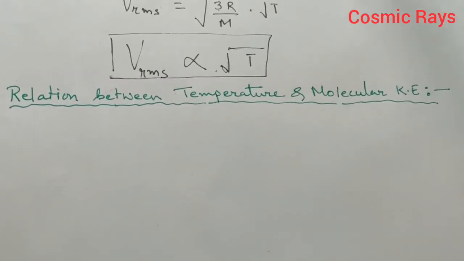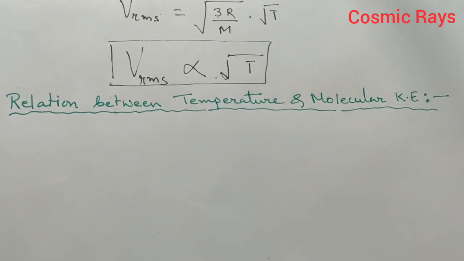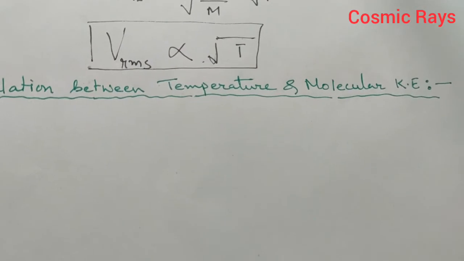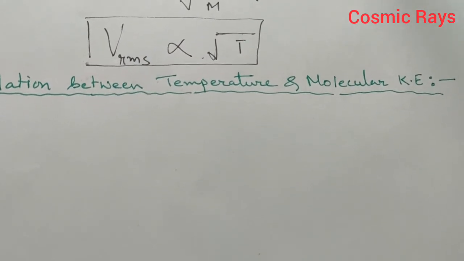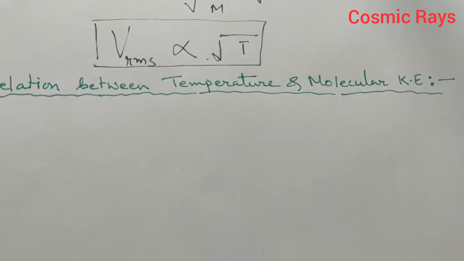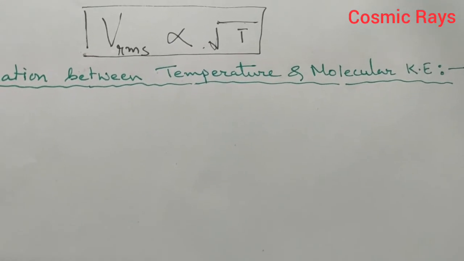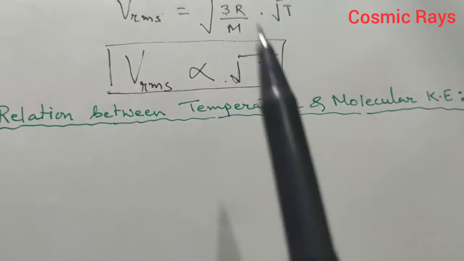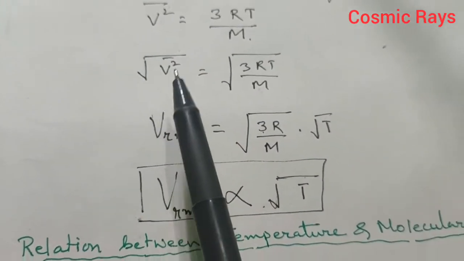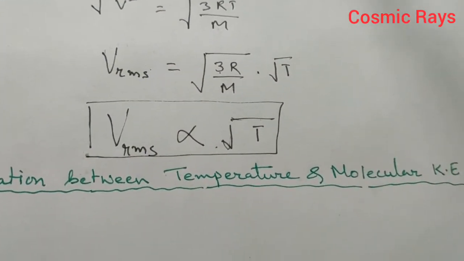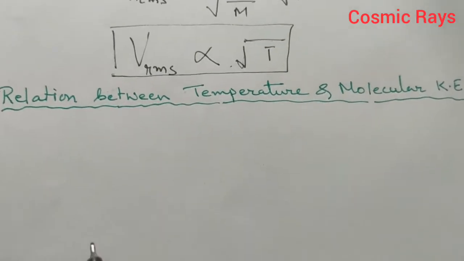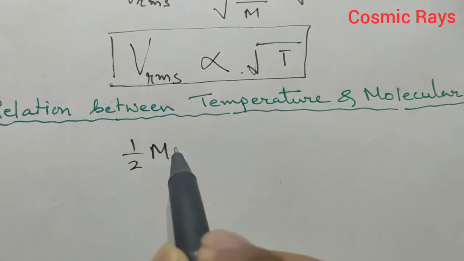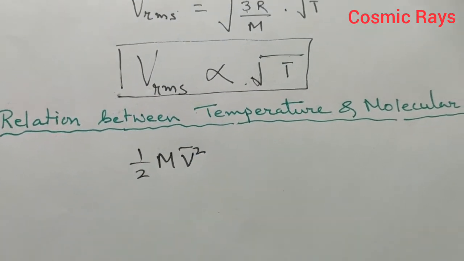Now we will see how temperature is related with molecular kinetic energy. Let the mass of 1 mole of the gas be M, and the mean square speed of its molecule be v bar square. So kinetic energy is given as half M v square.